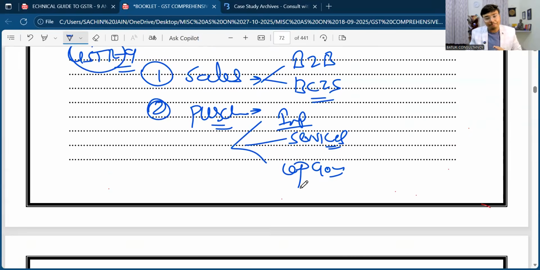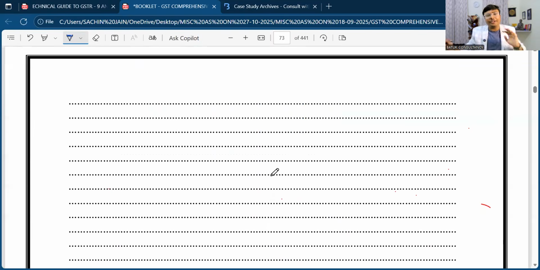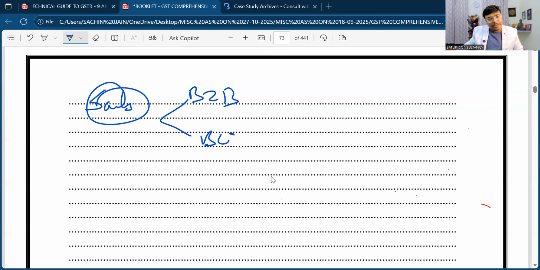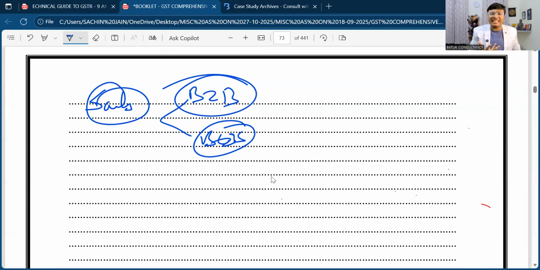Okay, now sir, when we are talking from the perspective of sales, B2B and B2CS, there may be chances I have made a sales of 1 crore rupees. There may be chances I have received back 10 lakh rupees sales. That is called as sales return. So there may be chances of sales return.